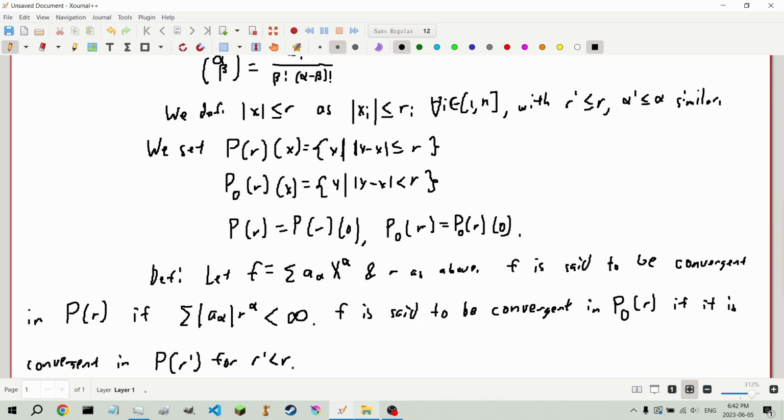So we don't need that it's convergent on the boundary here, but all of the interior essentially.